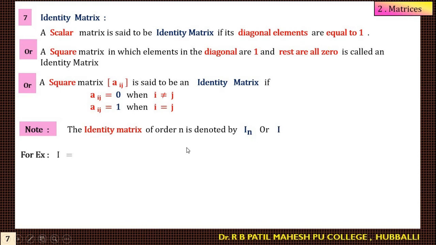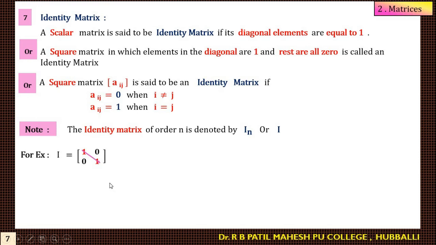For example, I is equal to a square matrix of order 2: 1 0 0 1. So this matrix is called identity matrix because the diagonal elements are 1 and non-diagonal elements are 0, or it is a scalar type in which the scalar diagonal elements are equal to 1. So therefore this is identity matrix, and we denote it by either I or I2, where the order is mentioned.